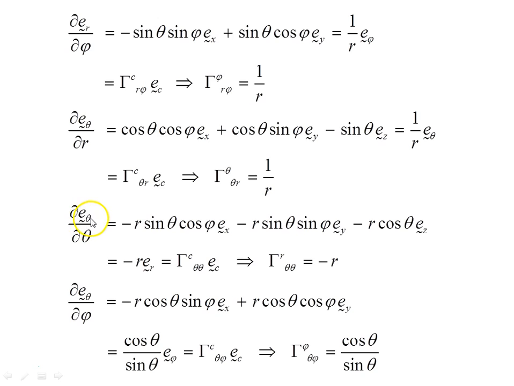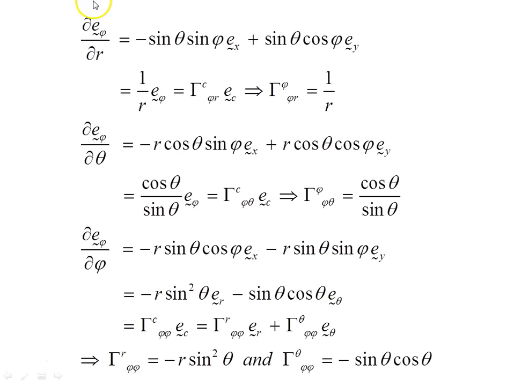And repeat the same procedure for the basis vector in the theta direction and take the partial derivative with respect to theta, and we produce this object here, which is equal to this, and so that tells us that this Christoffel symbol is this, minus r. Again, with the basis vector in the theta direction, the partial derivative with respect to phi produces this object, and we get this, which is equal to this, and so that tells us this Christoffel symbol is this one.